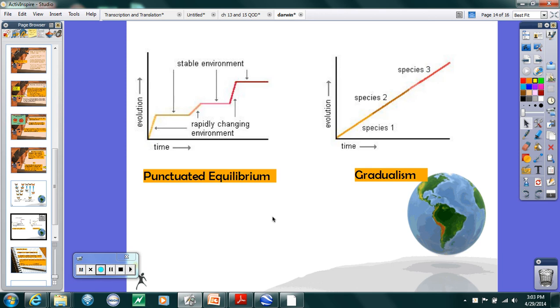This is just another example that shows evolution over time. You have a rapidly changing environment followed by a rapidly changing environment followed by a stable environment, and then a rapidly changing environment, whereas gradualism shows just a gradual change over time.